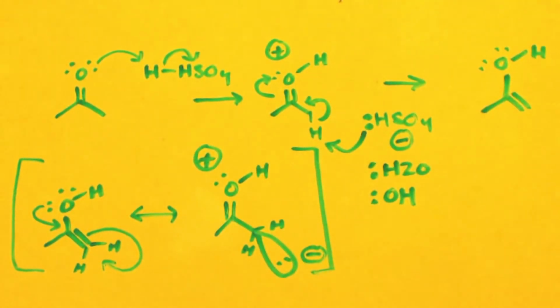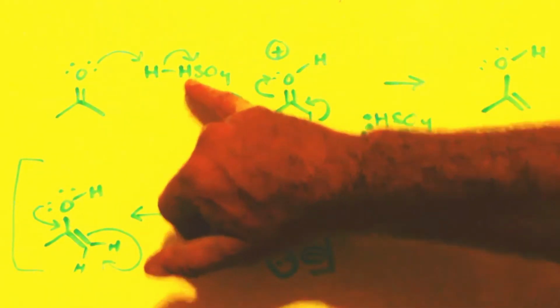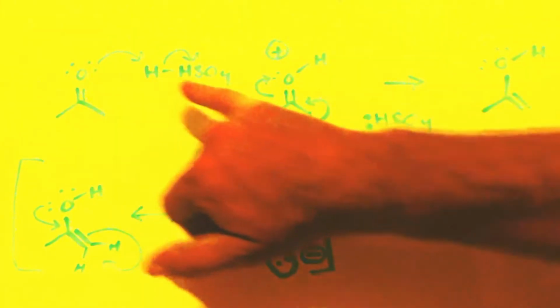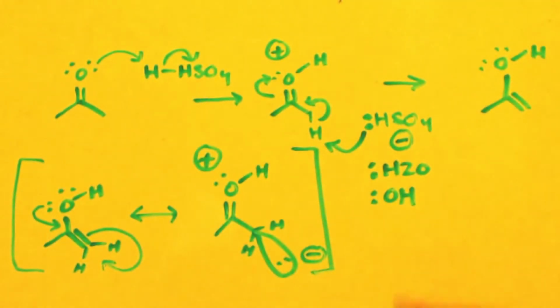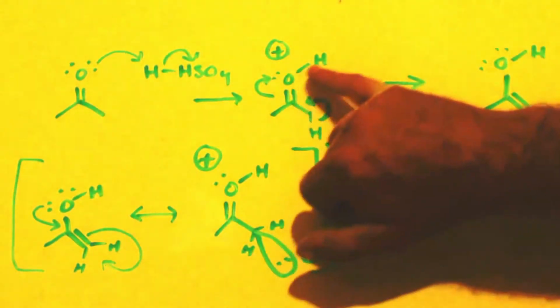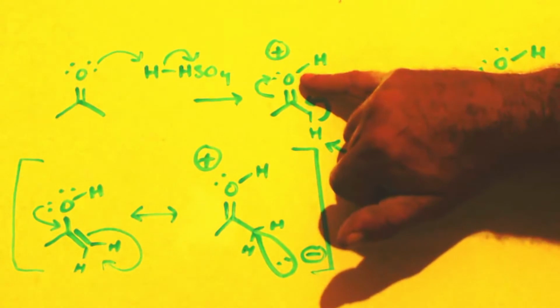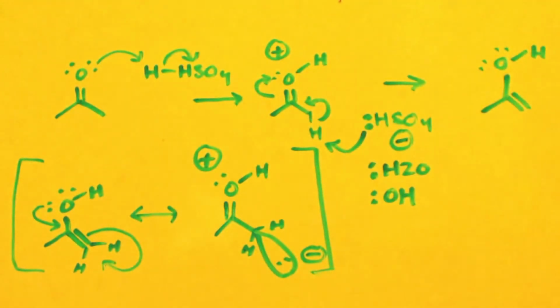Like I said, enols are spontaneously made, but very little usually in solution, unless you have acid or base. Here's our acid, sulfuric acid. It's going to protonate the lone pair electrons, and you'll have this alcohol thing here, but you're making an oxonium ion. This oxygen is positive.